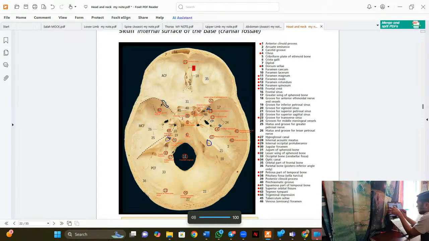Yes. 29 is internal occipital protuberance.